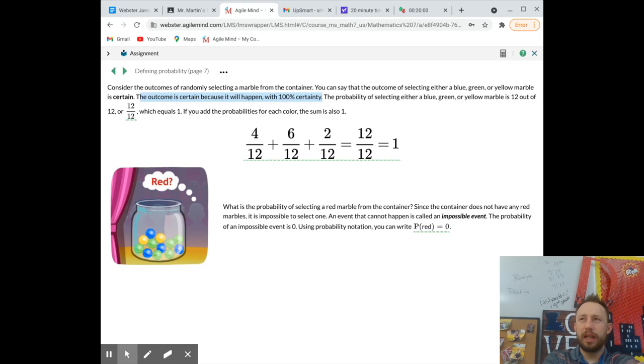So like if you had 10 red marbles and I said, what is the chance that you'll pick a red marble out of that bag? 10 out of 10, which is 1, which we know as what? Certain. Perfect. Does anybody got a question about that? No, sir. All right.